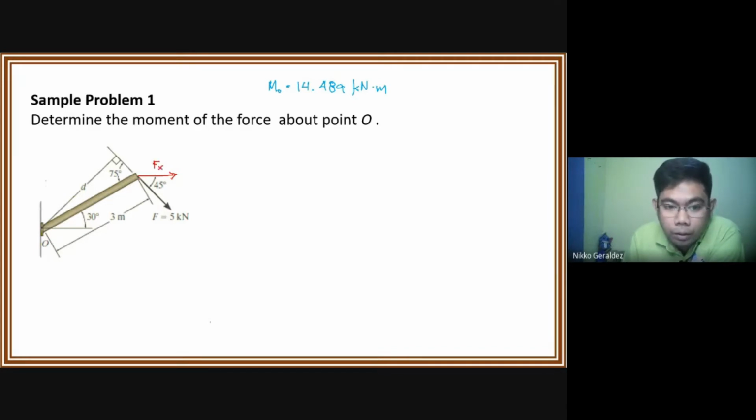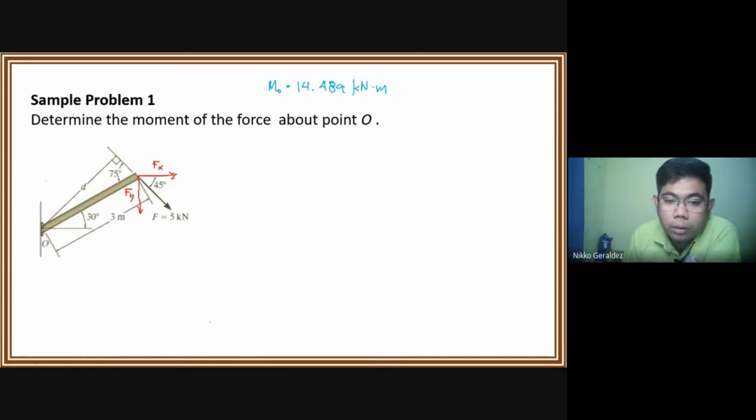Then, downward is Fy. So meron ka nang x and y components ng force F. Next, pwede na nating makompute yung moment at point O.